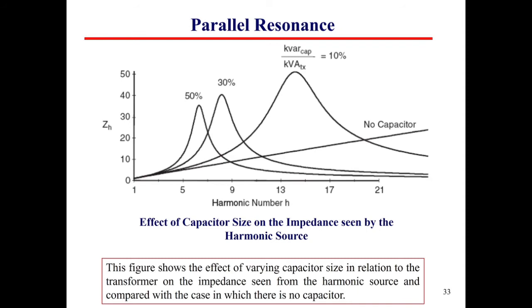This figure shows the effect of the capacitor bank size on the impedance seen by the harmonic source. Okay, so as the size of the capacitor bank goes down, the peak of the impedance goes up.